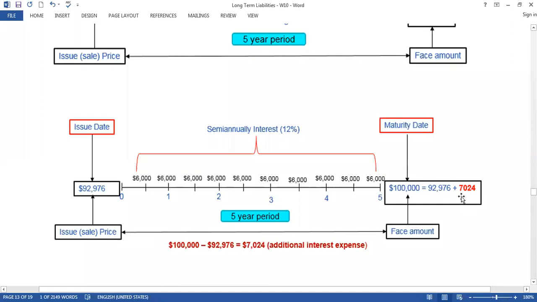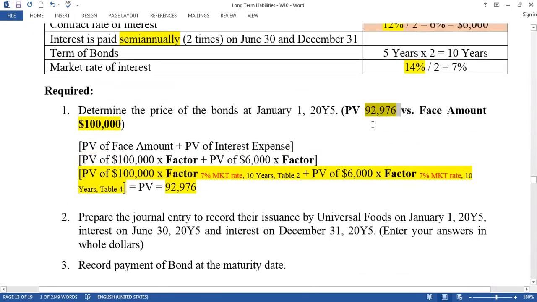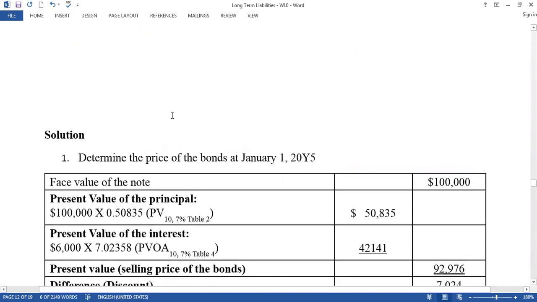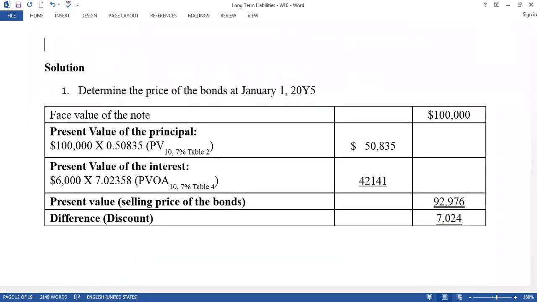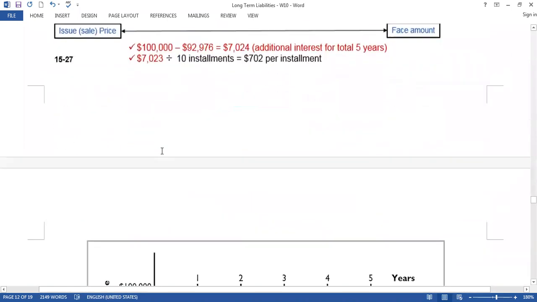Clear, right? So face amount and the present value are not similar. So according to this question, we analyze this, and we find that face amount and present value are not similar. Okay, so look at the journal entry for the first one here first.